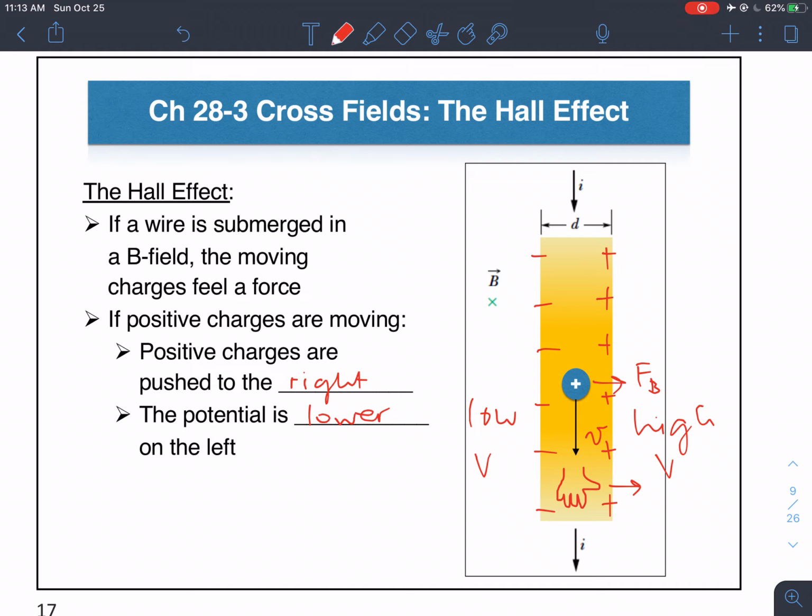Okay, and a similar setup gives us different potential differences. You can see the different low and high potential sides, but they are always perpendicular to the current direction. The charge carriers go along the current direction or opposite, depending on whether they are positive charge carriers or negative charge carriers.